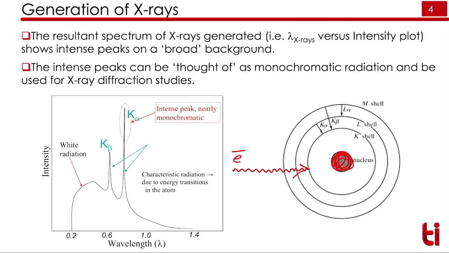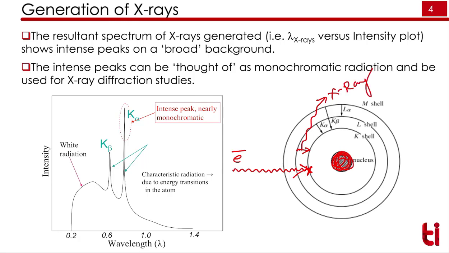It is now hitting the K shell and knocks out an inner shell electron, so there is a vacancy here. To fill that vacancy, an electron from a higher shell will come to the lower shell, and it gives a radiation. That radiation we call X-ray.